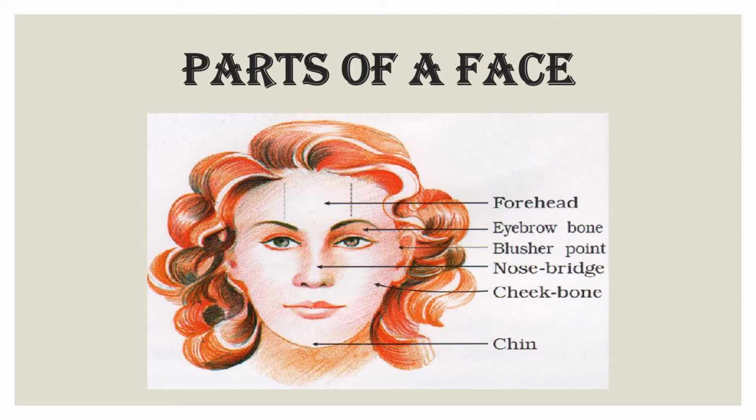In the first class of makeup, I told you about corrective makeup, right? If you remember why we do correction, basically what we do is either highlight or contour the features, right? So now these are the areas you have to focus on, like where to highlight and where to contour.